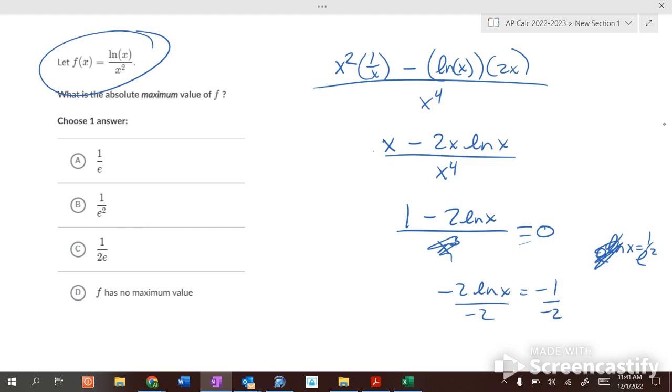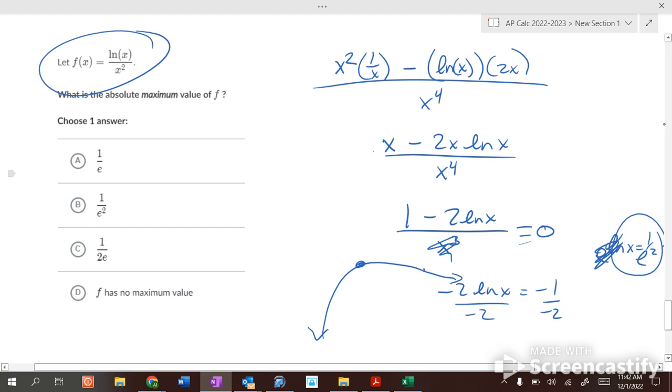If you graph this, what does it look like? Kind of looks like that, right? Okay. But this actually is going down again, if you can believe it or not. So the maximum value occurs here. What is the maximum value? Well, if we stick it in there, the ln of e to the 1/2 over e to the 1/2 squared.